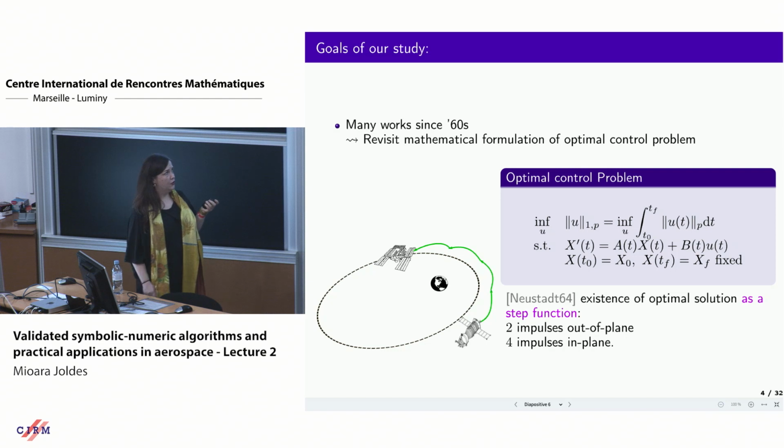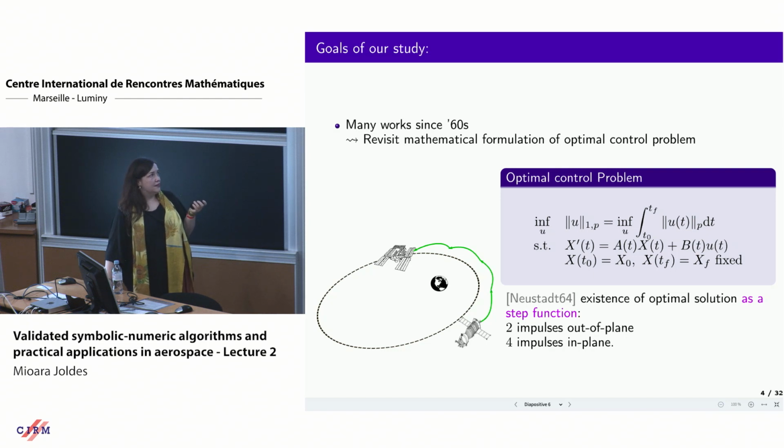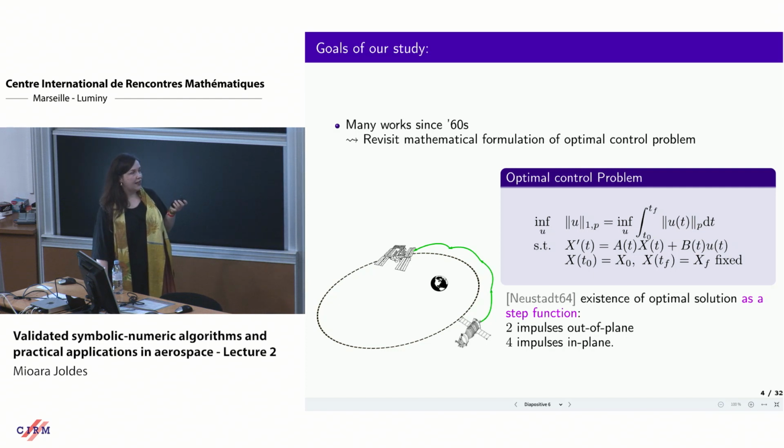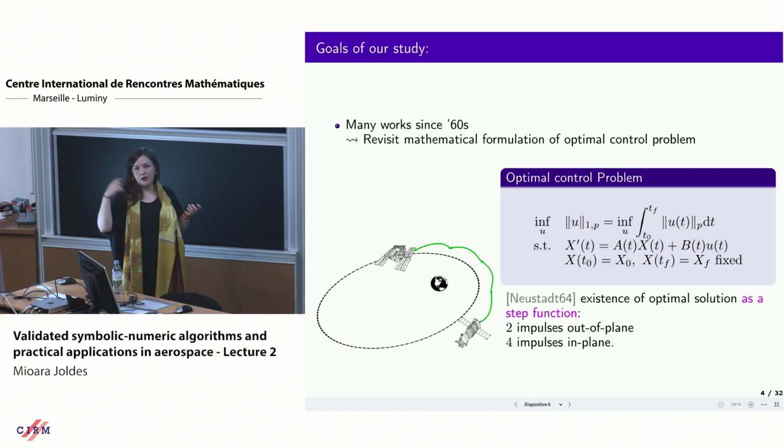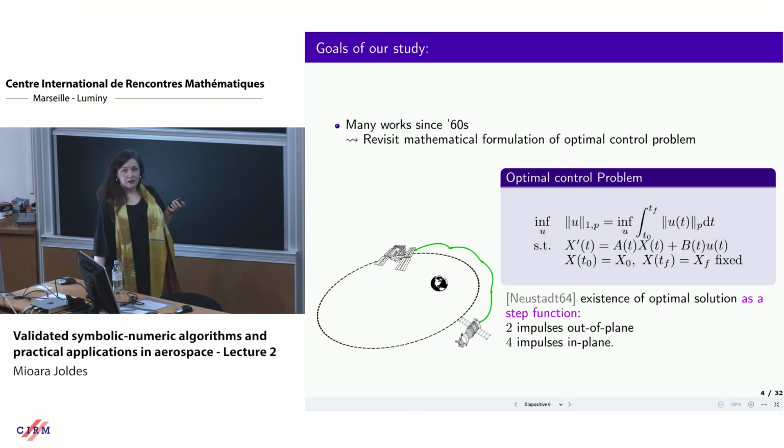So it's a very nice problem to find the optimal control law here, and it has been studied already in the 60s by many researchers, and it can be proved that for this problem, in the in-plane we have two positions, and out of plane one position, but they are decoupled. We have an optimal solution as two impulses in the out of plane and four impulses in the in-plane movement.